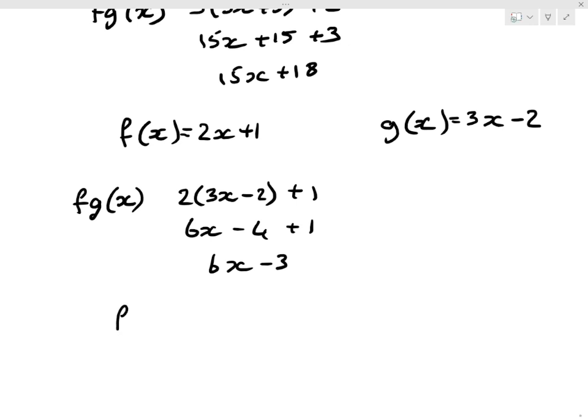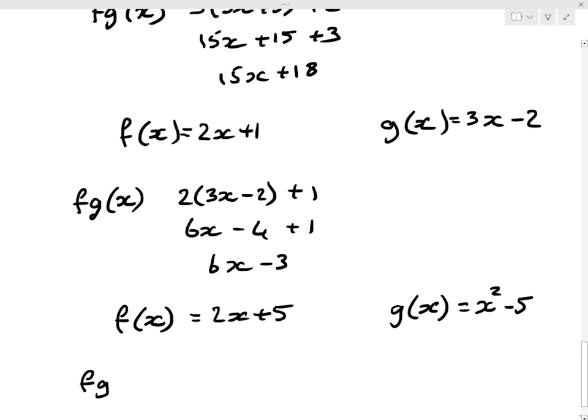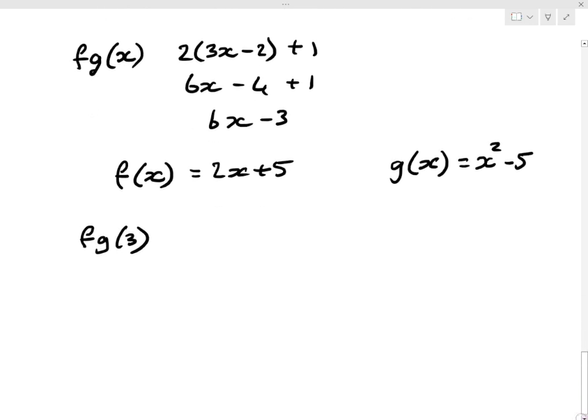Let's have a look. Another one is f. This time slightly different. This one is equal to 2x plus 5, and the g of x is equal to x squared minus 5. Now what we're going to do with this one is find fg of 3. So instead of an x in there, we've now got a number.